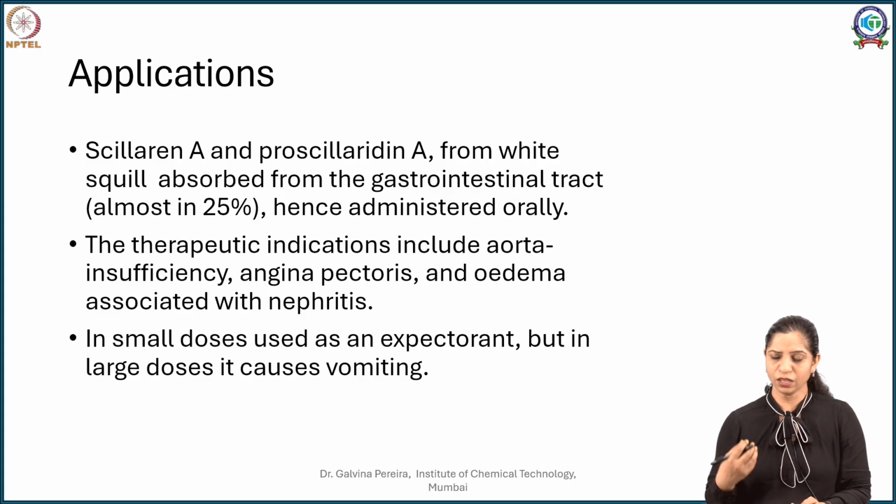A counter effect is that when given in small doses, it can take out a cough and is used as an expectorant, but if you administer it in large doses, instead of relieving cough there is a good chance it will cause vomiting.